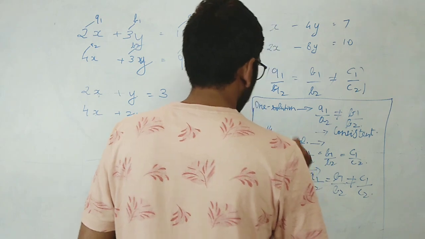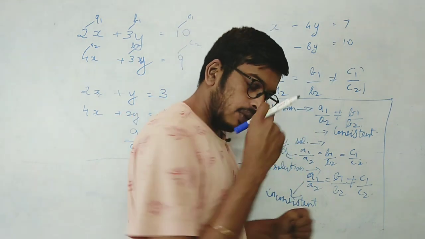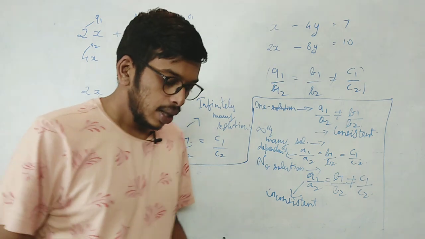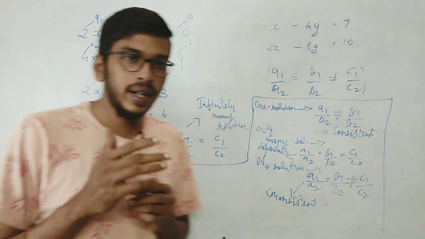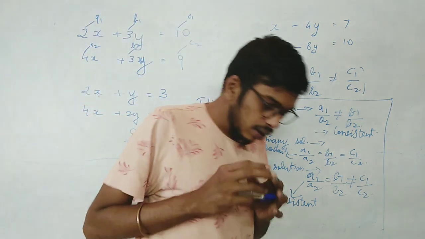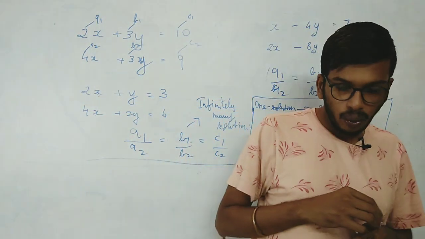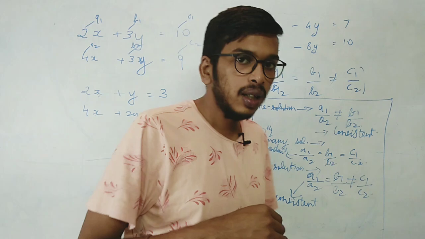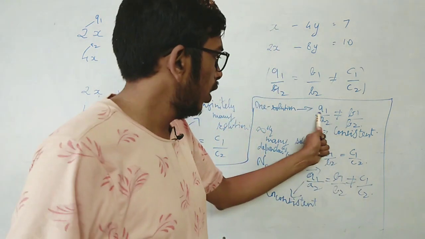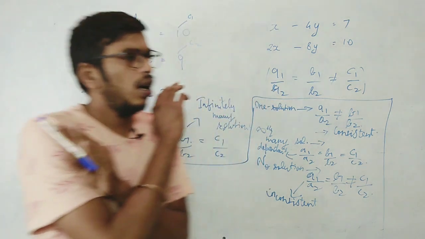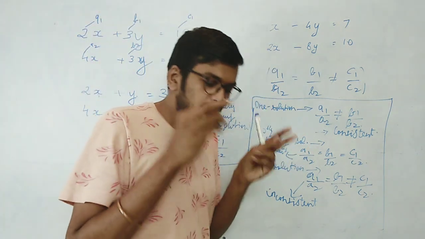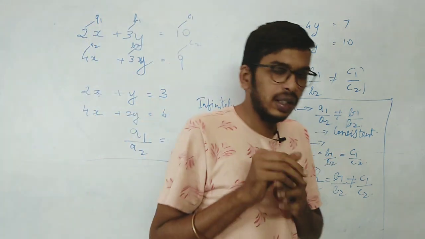So if they give you a pair of linear equations and ask you whether it is consistent or inconsistent or dependent, what you need to do is, if you want to check whether it's consistent, you need to check whether A1 by A2 is not equal to B1 by B2. You don't have to solve the pair of linear equations and find that there is no solution and everything. That is not necessary.